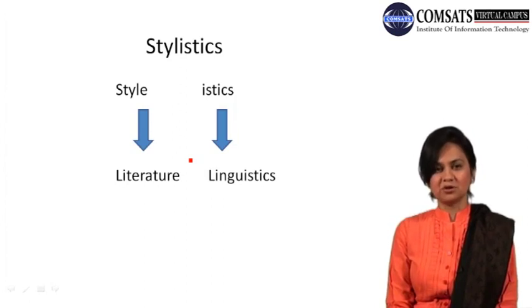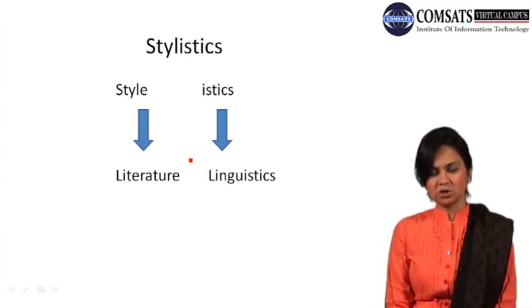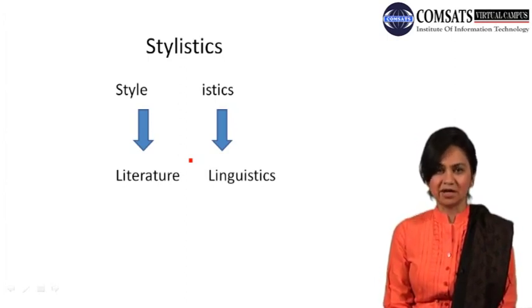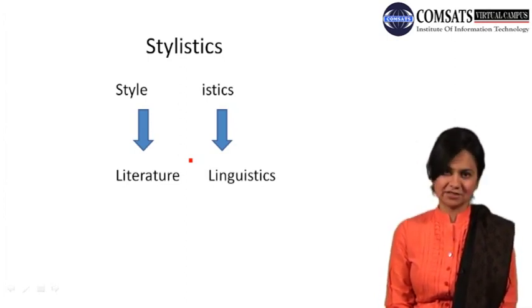Also, it will draw help from the developments taking place in the field of literary criticism. So it is bringing the two fields together that have been set apart earlier, literature and linguistics.